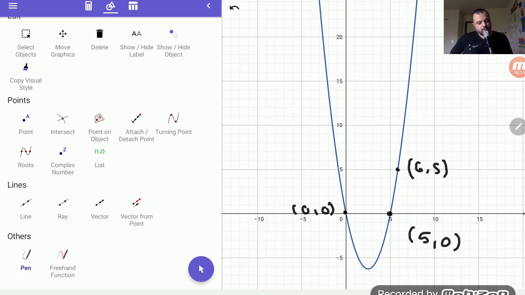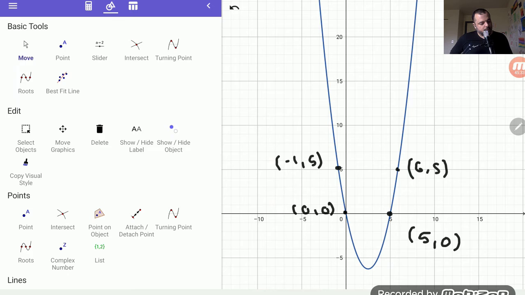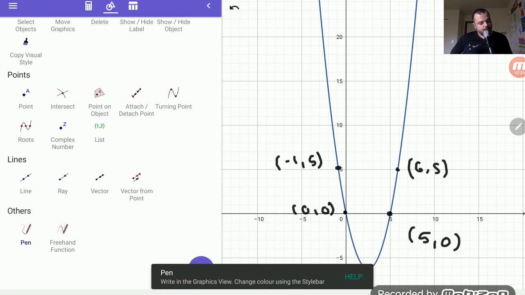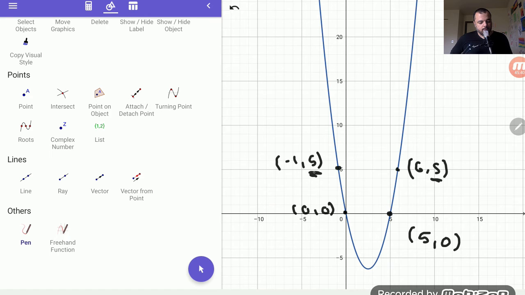What about this point? This is negative 1, 5. What is the common thing among these 2 points? Do you notice that they have the same y value? Negative 1, 5 and 6, 5. X is different, but y is the same.